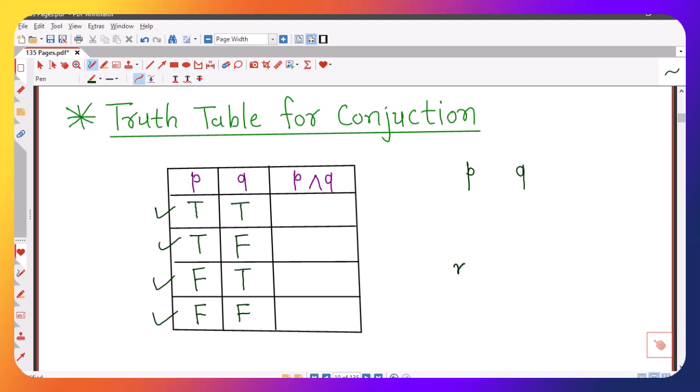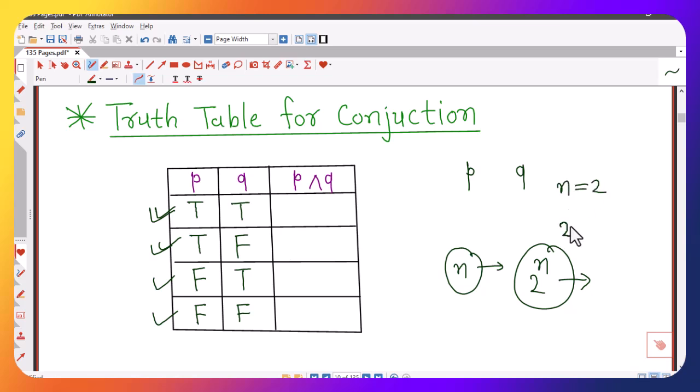In general, remember that if we have n number of propositions, then the number of possibilities like this in the truth table will be equal to 2 raised to n. Here we have 2 propositions, therefore we must have 4 possibilities in the truth table. Now how do we write down the truth value of P and Q? We remember that P and Q is true whenever both P and Q are true, and it is false in all other remaining cases.